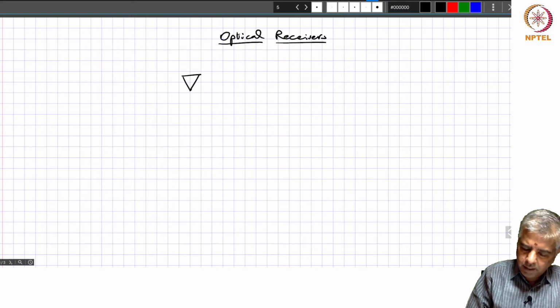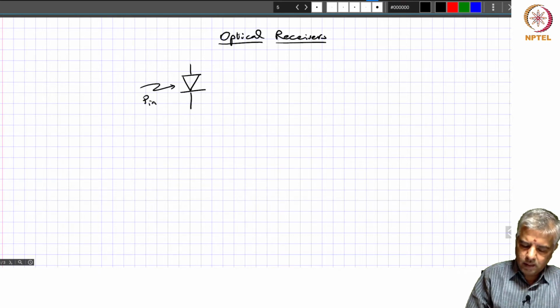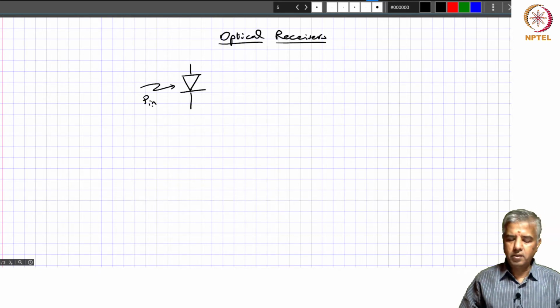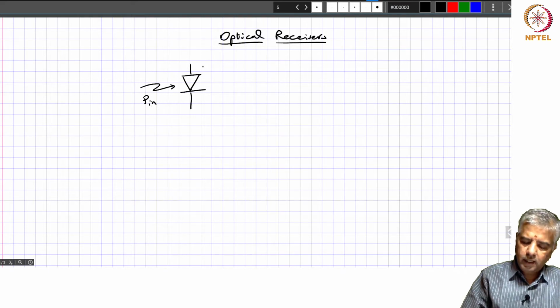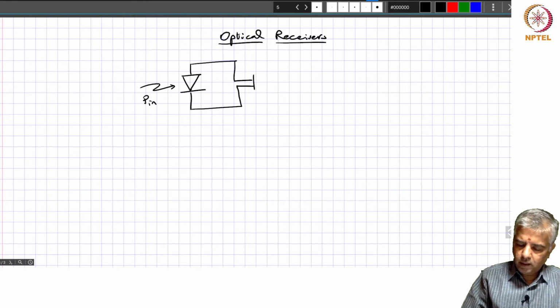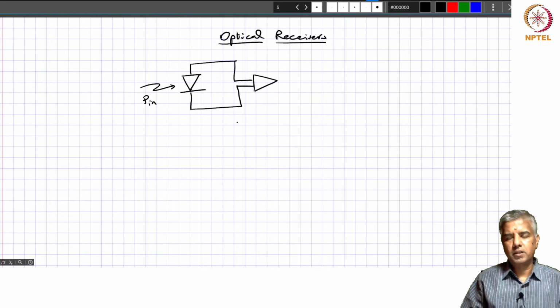So typically the front end of your receiver, right? So this is, let's say, the input power that's falling on this photodiode. That photodiode generates a certain photocurrent, which you may convert into a corresponding change in voltage.